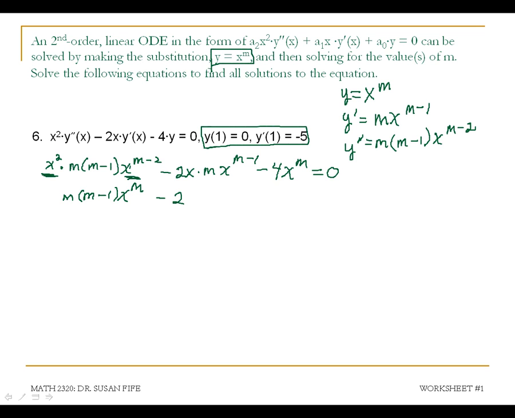Then I get minus 2, and again here I want to combine my x's together, and the 1 that I have as an exponent for this x and the minus 1 up here will cancel out. It'll leave me with an x to the m. So here I get 2m x to the m, and then here I have minus 4x to the m.